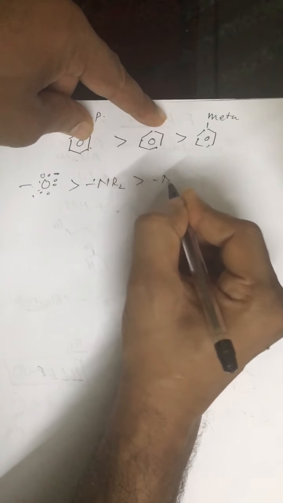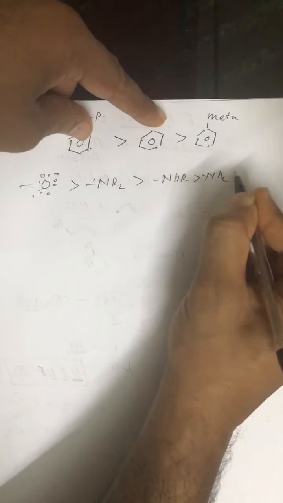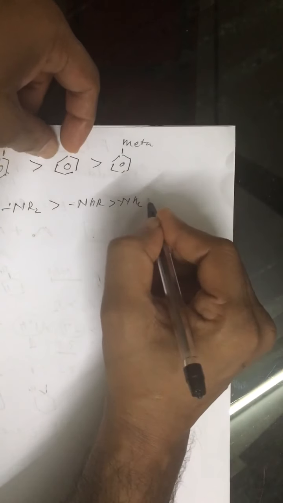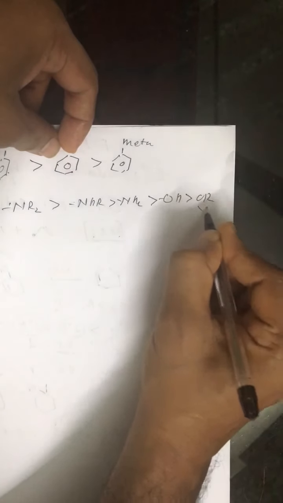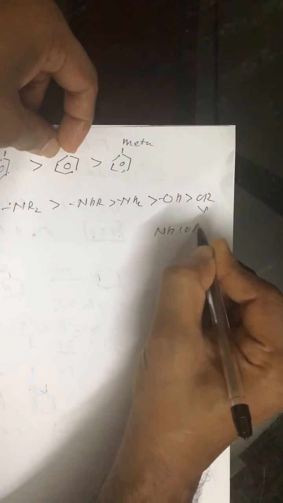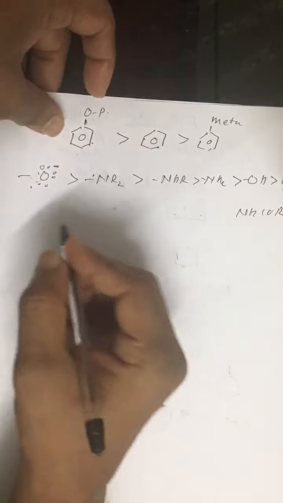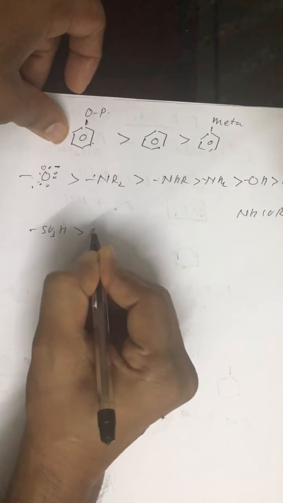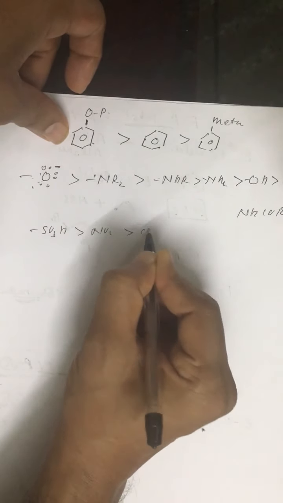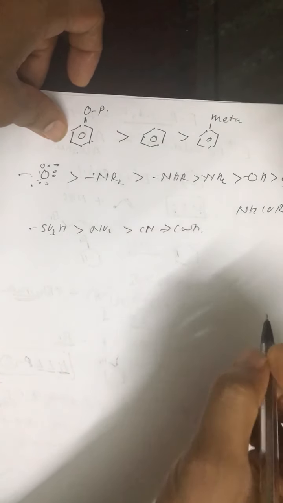So NR2, NHR, then NH2, all right, and then we have OH, then OR, then NHCOR, etc. This is the order of OP directing tendency or activating tendency. Whereas we have SO3H, we have NO2, we have CN, we have COOH, etc. These are all meta directing.